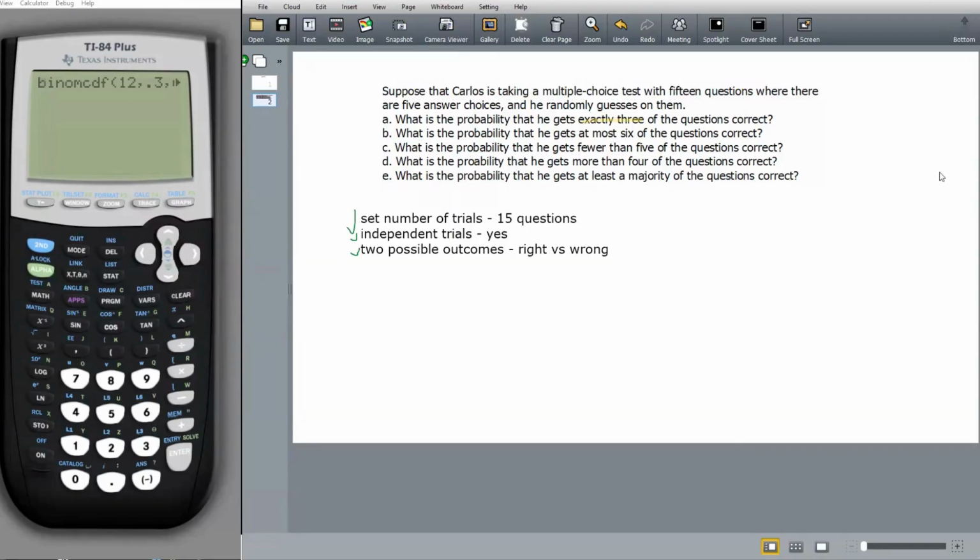For my question, I know that I have a set number of trials, N of 15, which I identified in the last step. My P in this case is going to be based off of the questions themselves. So for this question, it says that there are 5 answer choices. That means that my probability of success of guessing correctly for one of my questions is going to be 1 out of 5.